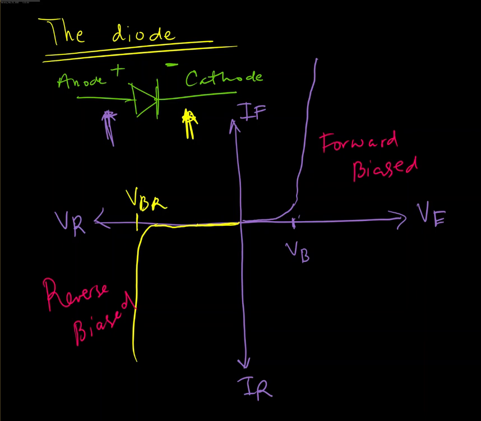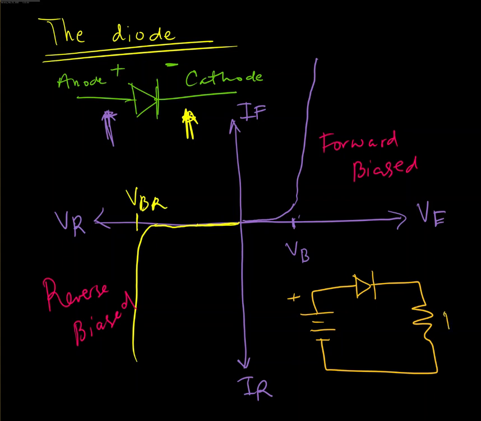And then in the later half of lab 2, you're actually generating this forward biased curve. You're doing that by connecting a little circuit with a DC power supply and the diode connected in a forward biased way, and a resistor like so.